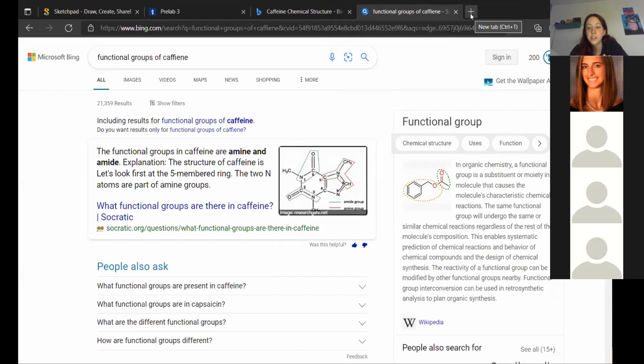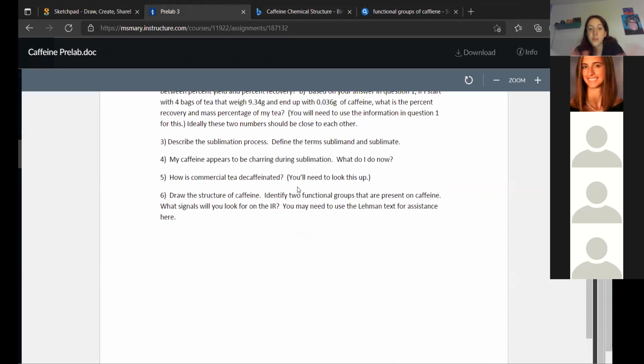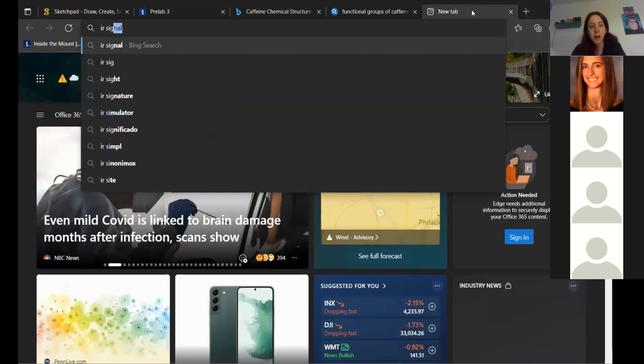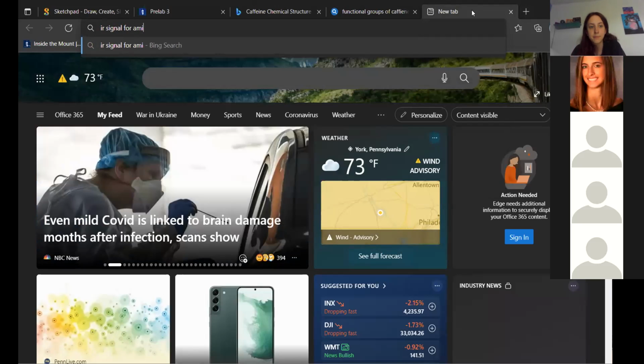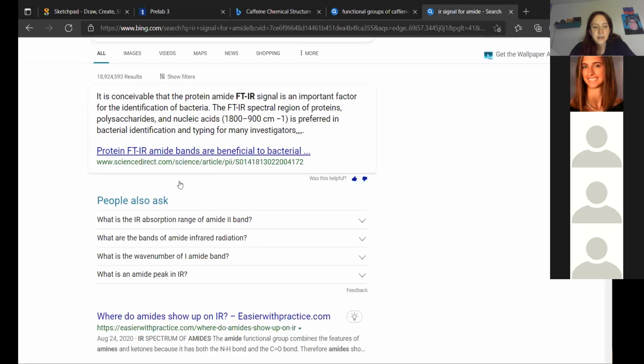And again, this one you would have to look up basically completely. There's no way that you guys would know how to do this one without looking it up. So just cite where you're finding the information. What signals will I look up? I'm just going to look up IR signal for amine or amide. It gives you something here.